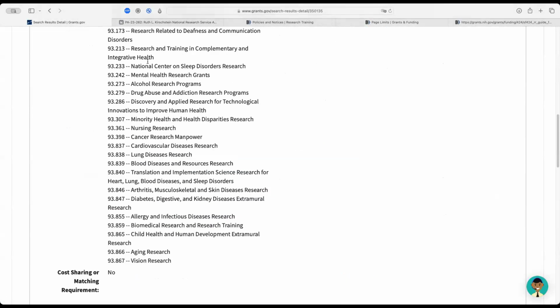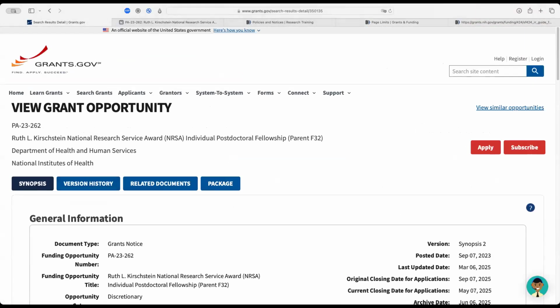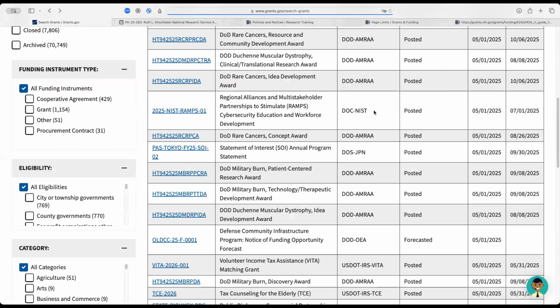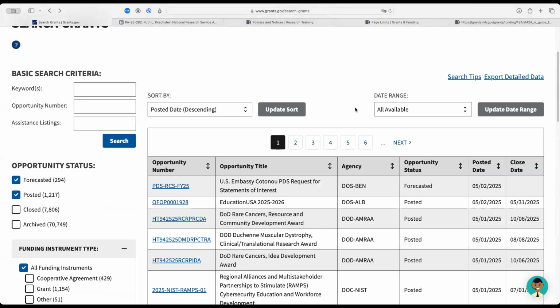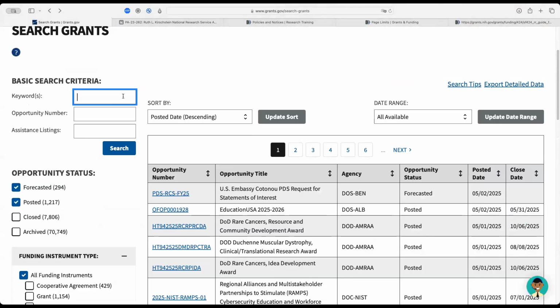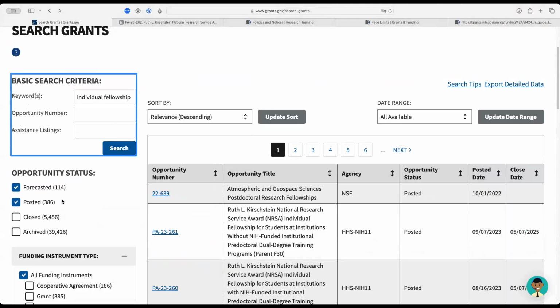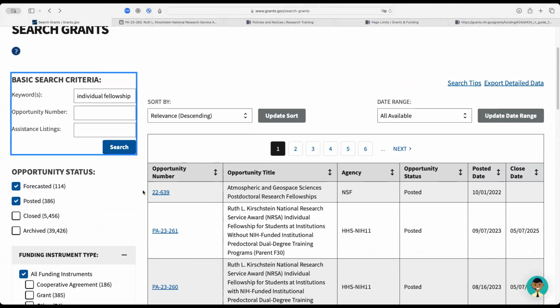Okay, let's back up here and we're going to go back to our searches again here. So let's start at the very beginning here. Again, we're going to search for individual fellowship. All right, 386, that's far too many.